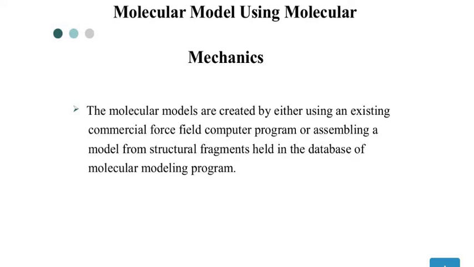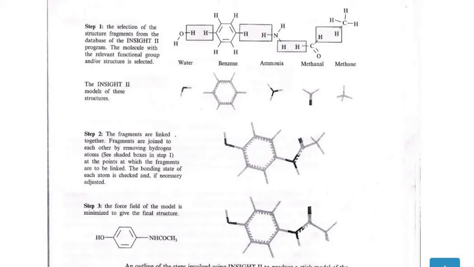Molecular modeling using molecular mechanics. The molecular models are created either by using an existing commercial force field computer program or by assembling a model from a structure fragment held in the database of a molecular modeling program. Now, what does it mean? Go step by step.